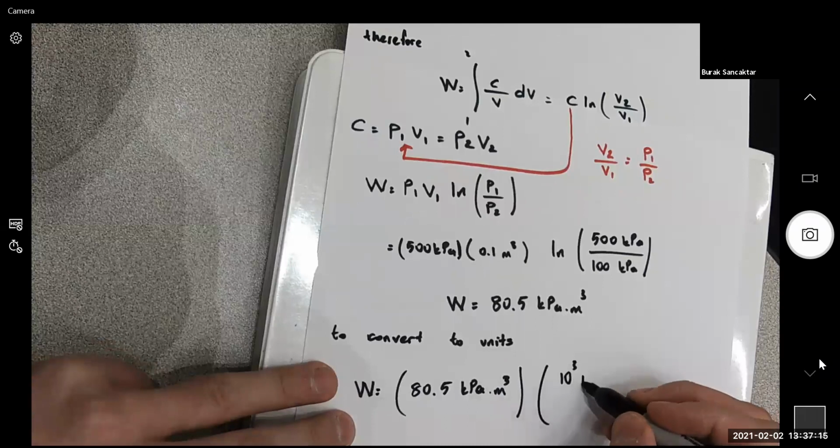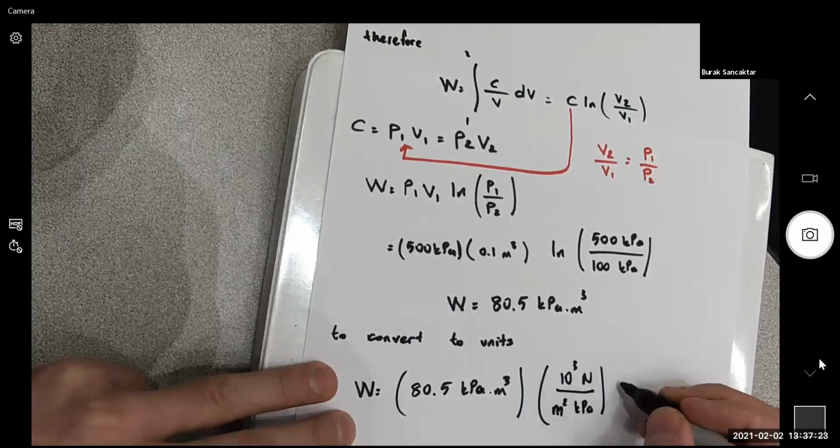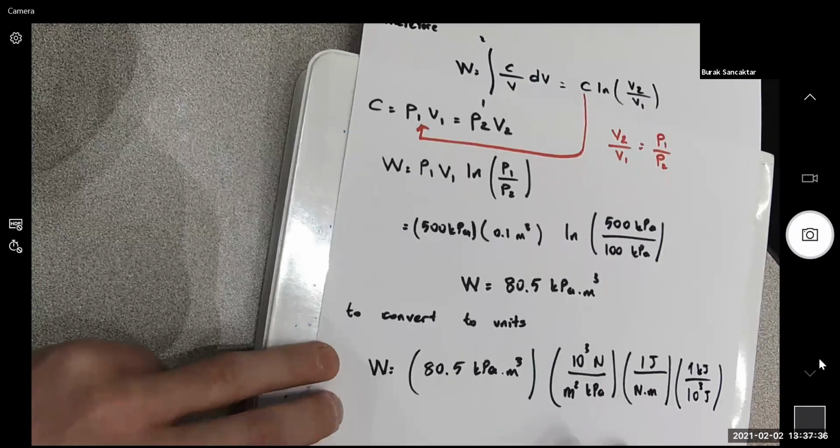A kilopascal is 1,000 Newton over meter squared, and 1 joule equals Newton times meter. Here, work will be 80.5 kilojoules.